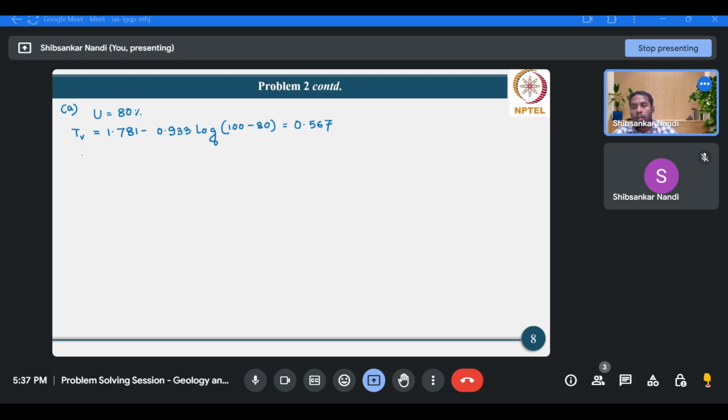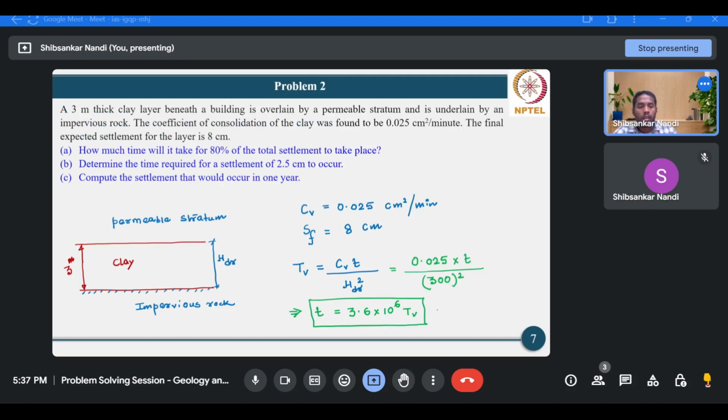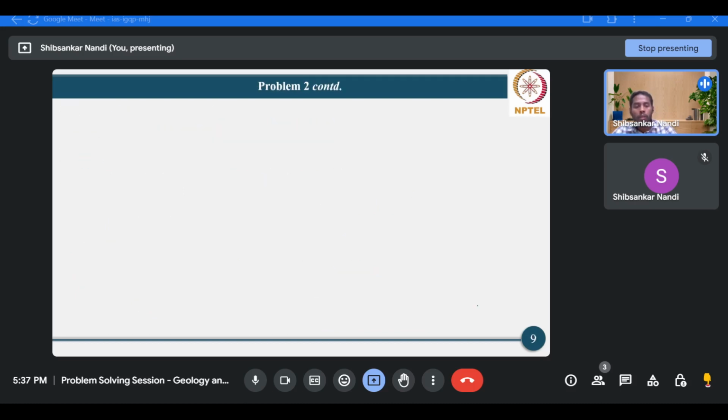So therefore, the required time, suppose this is your equation 1, the required time will be 3.6 into 10 to the power 6 times TV, which is 0.567.